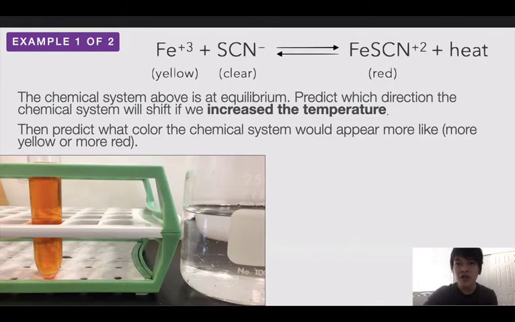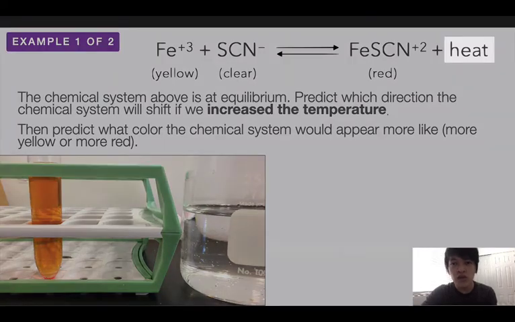In this example, the chemical system above is at equilibrium. This is actually the same chemical system as in the last video, but in the last video I hid the fact that it was an exothermic reaction just to make things more simple. We're going to predict which direction the chemical system will shift if we increase the temperature. We'll also predict what color the chemical system would appear more like, more yellow or more red.